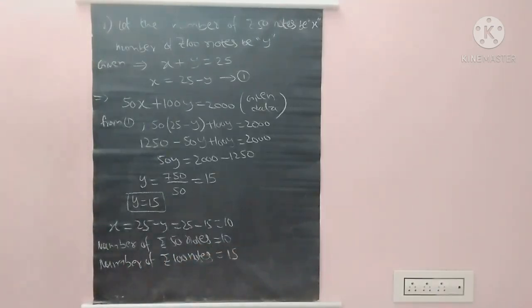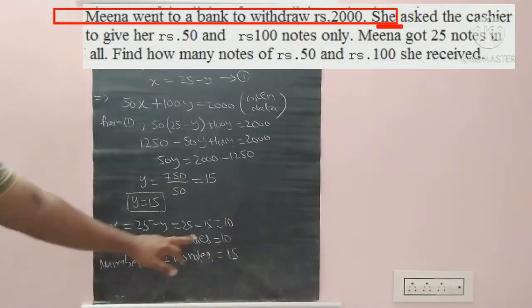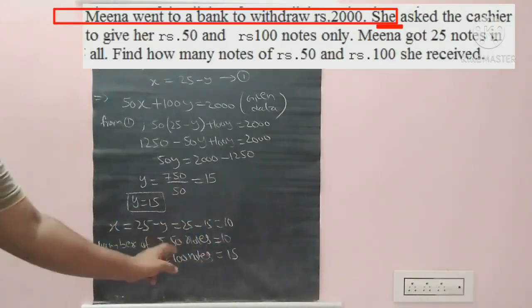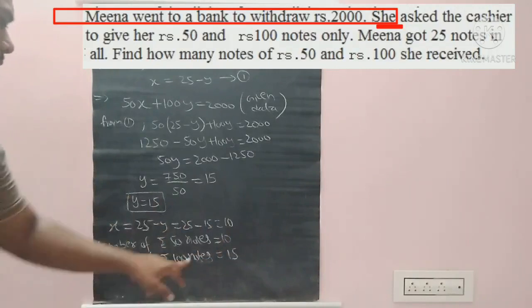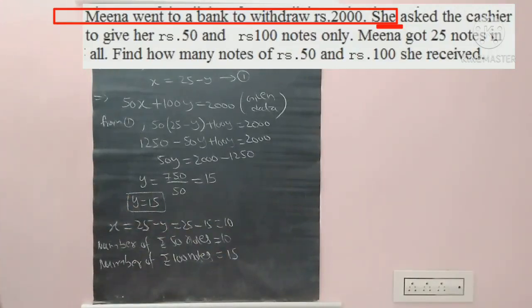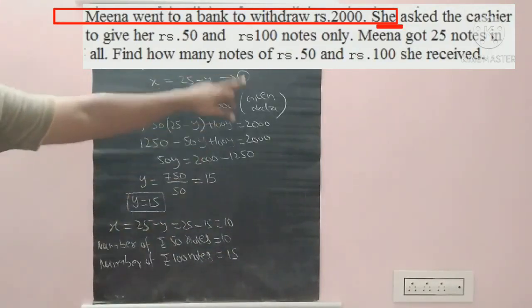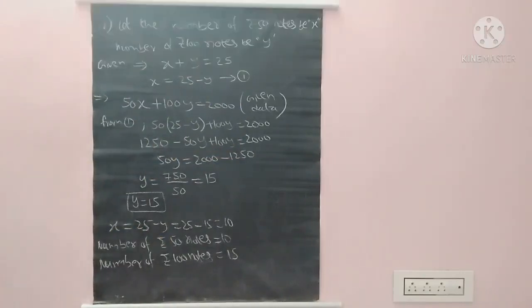Now we can check the amount also. If there are 10 50 rupee notes, the total amount from the 50 rupee notes is 50 into 10, 500. 100 rupee notes 15, that is 1500. 1500 plus 500, 2000. So we got the amount.